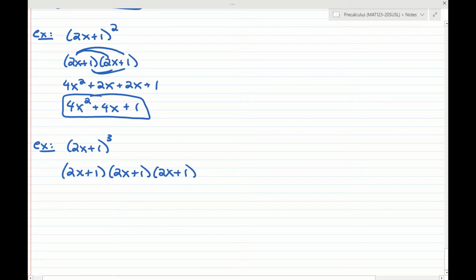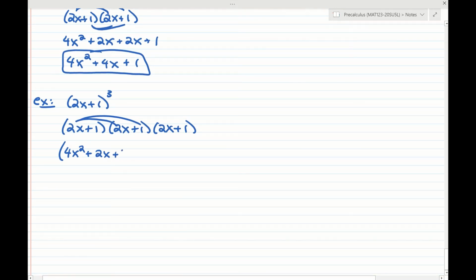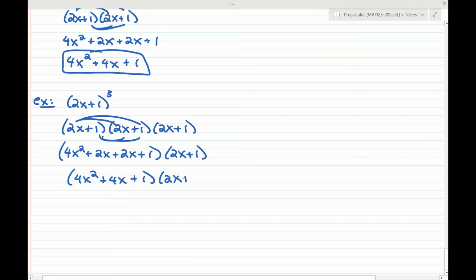We already know what the 2x plus 1 times 2x plus 1 is. We already did that, but I'll just show you all the work here. This would be 4x squared plus the 2x plus the 2x plus 1 times 2x plus 1. So this is just 4x squared plus 4x plus 1 times 2x plus 1.